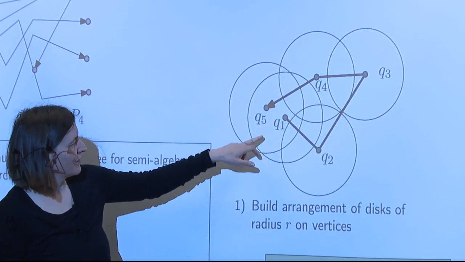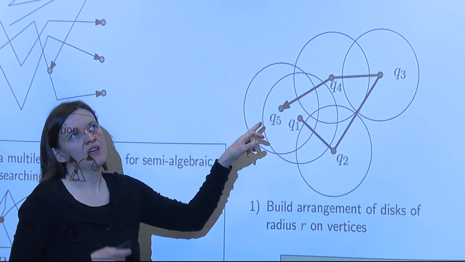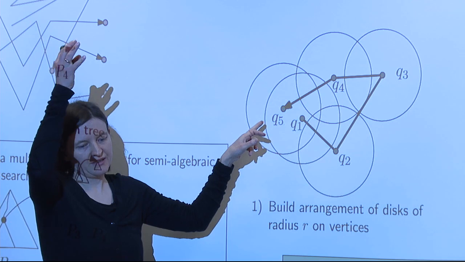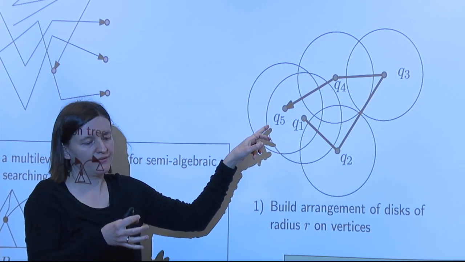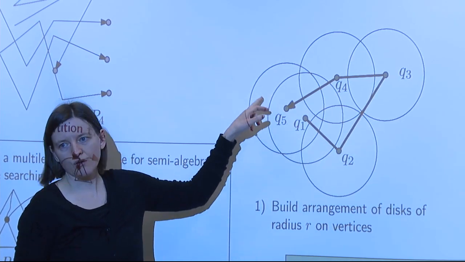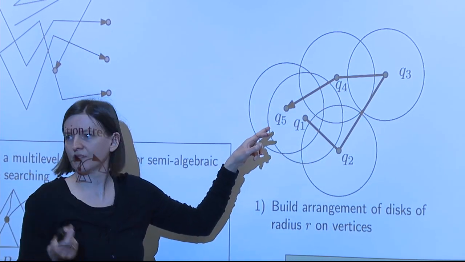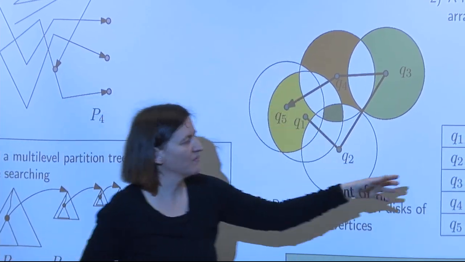If I take, for example, this cell, then any point in the cell has the same 0, 1 distance vector to all the vertices of my query. Because I would have to cross one of these boundaries to change a 0 into a 1 or 1 into a 0. So now I can fix a free space matrix.